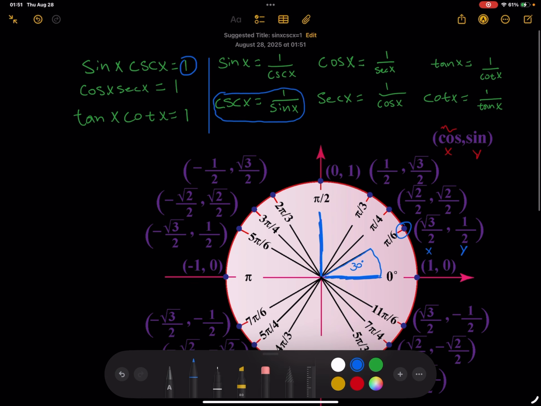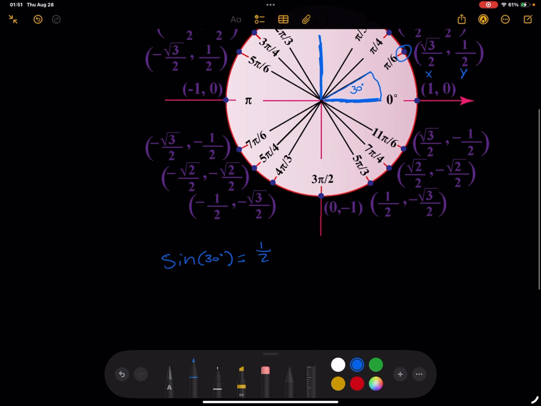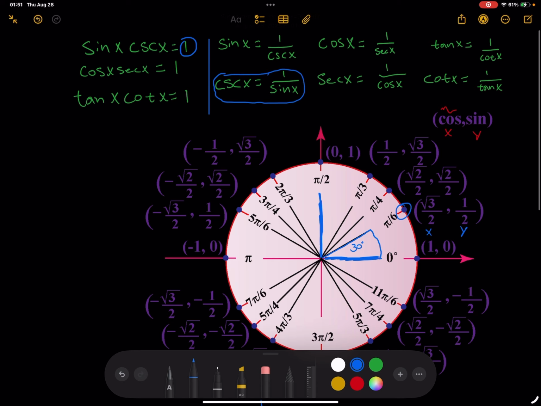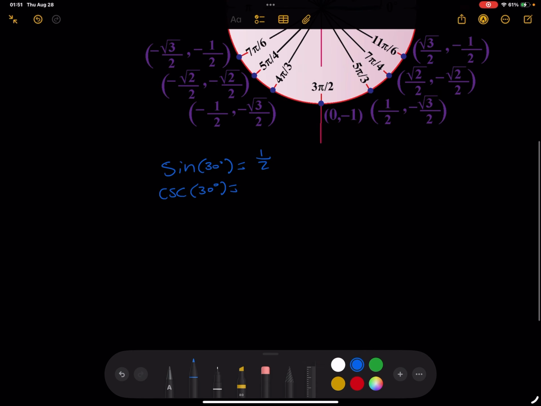Cosecant of 30 is equal to 1 over sine x, and we have right here that your sine x is 1/2, so it's 1 over 1/2. If we do the math for this right here, 1 over 1/2 is equal to 2.